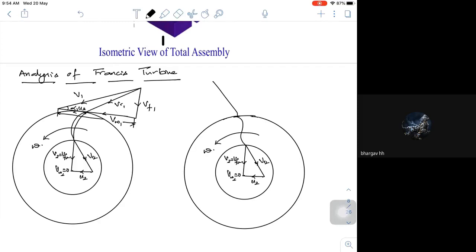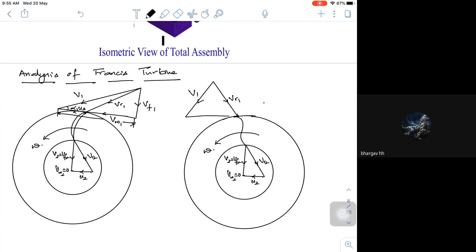This is your VR1, and actually your V1 will be striking like this. This will be your V1, but to construct a velocity triangle, I am taking it in that fashion.